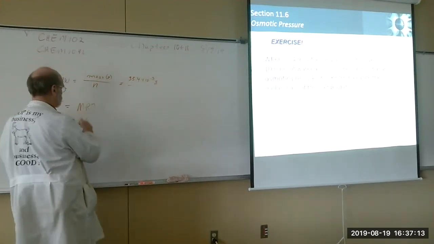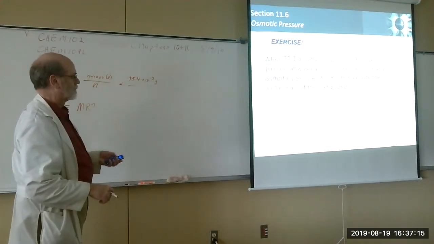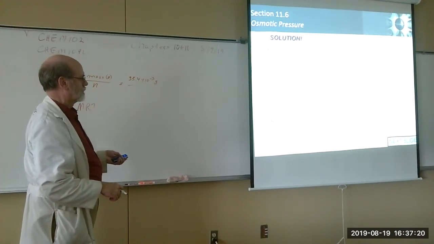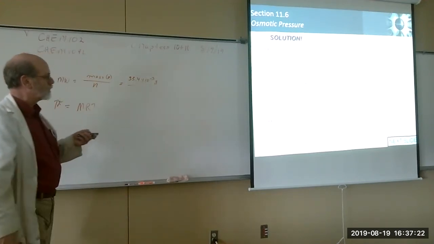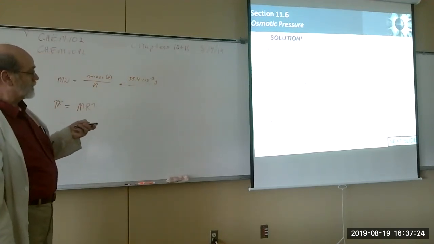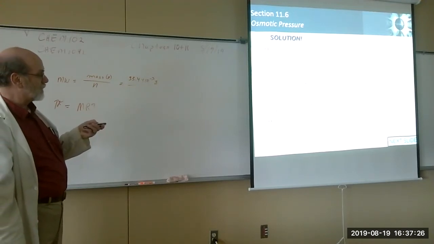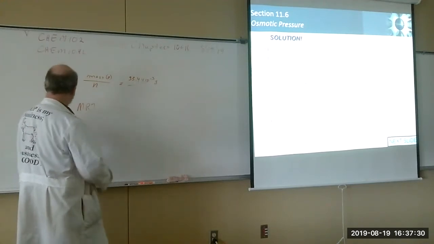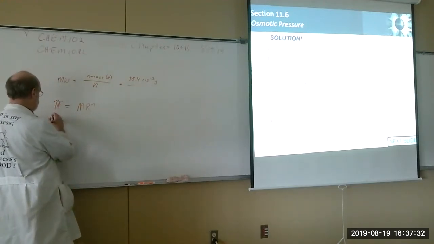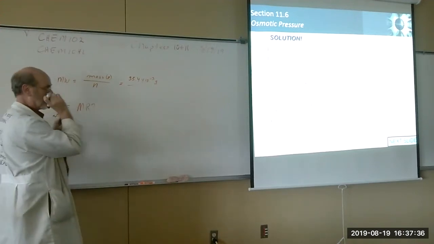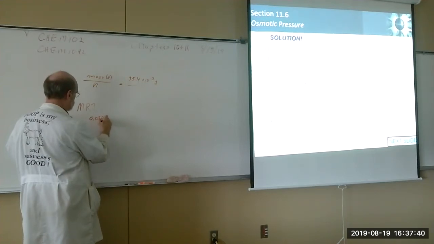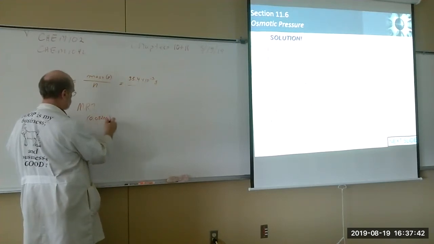Temperature then is, here we go. If we use the universal gas constant here with liters, atmospheres, moles, and K, and we make the pi in atmospheres, the universal gas constant is 0.08206. Right?